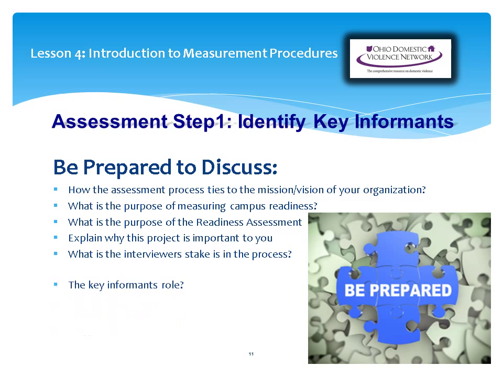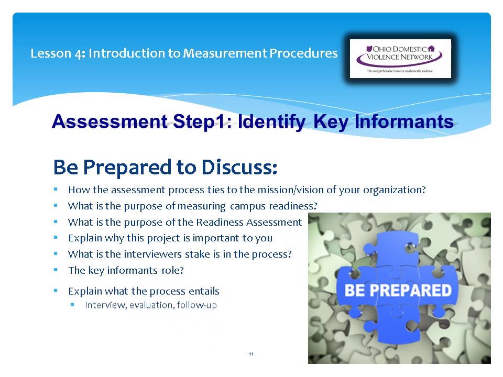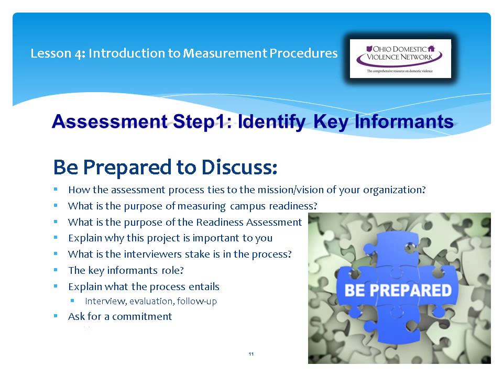How you see the key informant playing a role. And explain that the process entails a 1-hour interview, evaluation throughout, and then a follow-up assessment 2 years into implementation. Ask the key informant for a commitment, and finally, ask who else on campus they think might be a good candidate for interviewing.